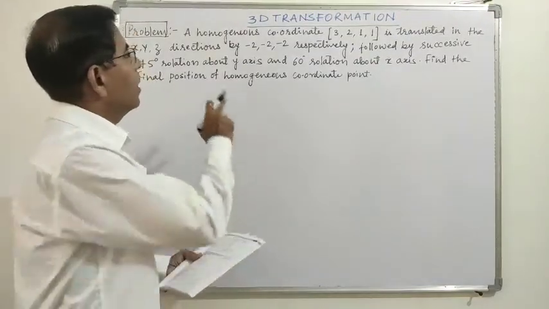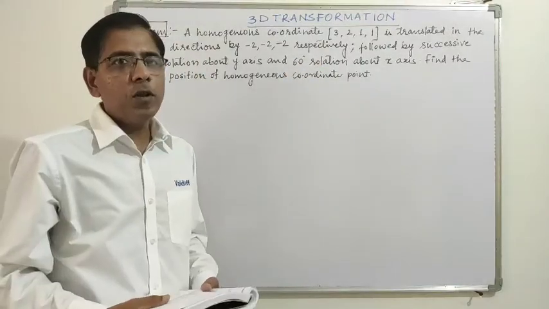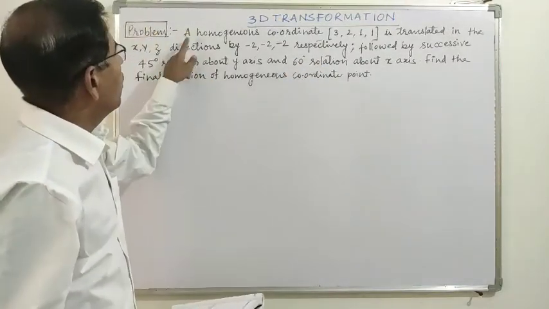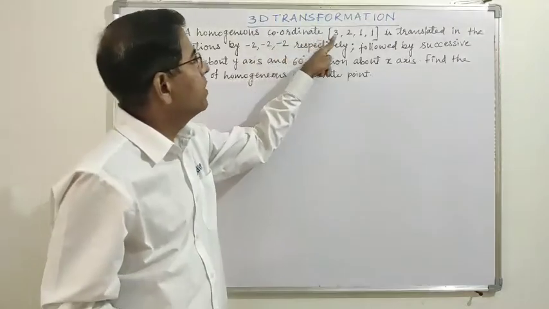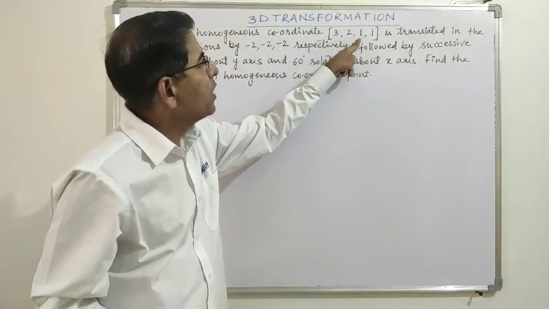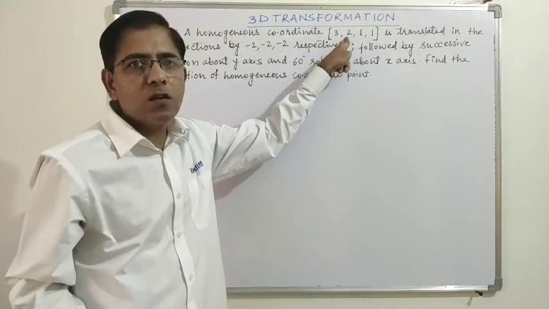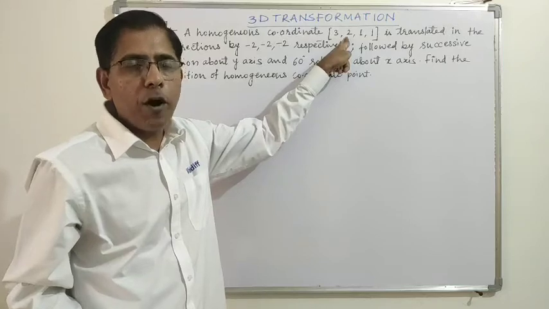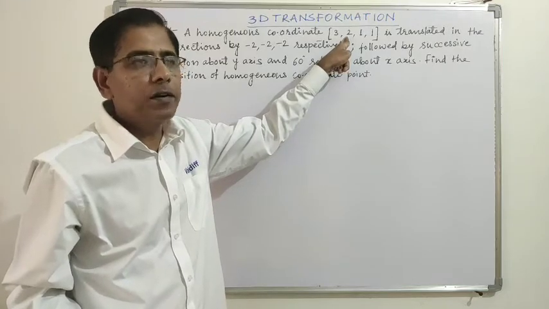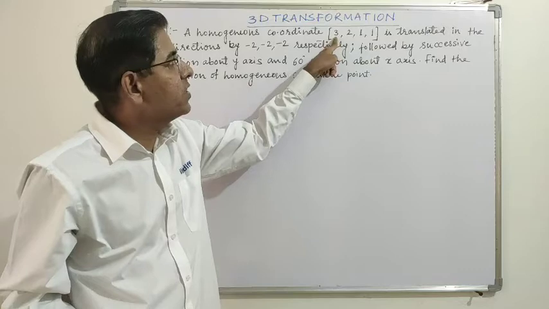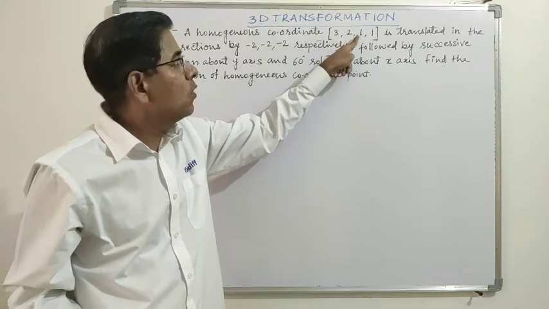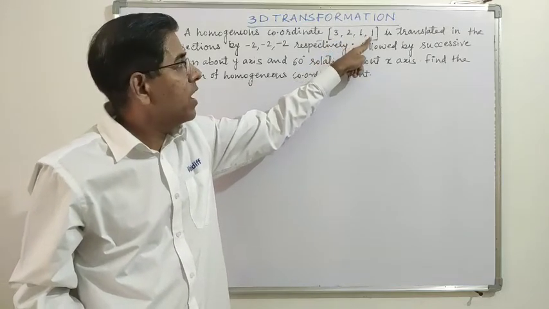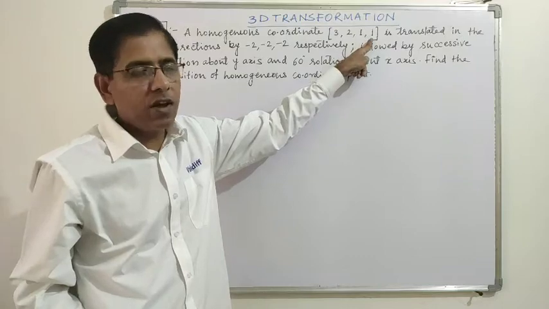So here a problem is given: a homogeneous coordinate 3, 2, 1, 1. So this is the coordinates of the original point. So the original figure is a point having x coordinate as 3, y coordinate as 2, z coordinate as 1 and this is homogeneous factor 1.